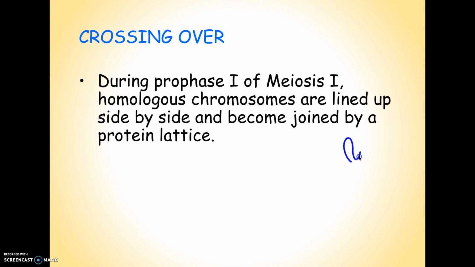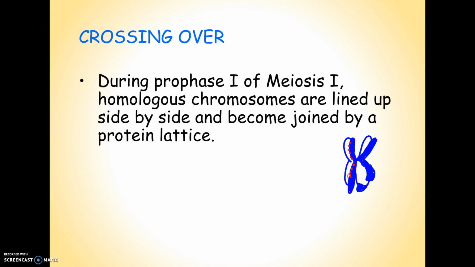But they don't just pair up. What they actually do is sort of wrap around and attach to each other. So if I make the dark chromosome and the light chromosome here, they would literally be sort of wrapped around one another like this. And they actually form a protein lattice that connects them to each other.